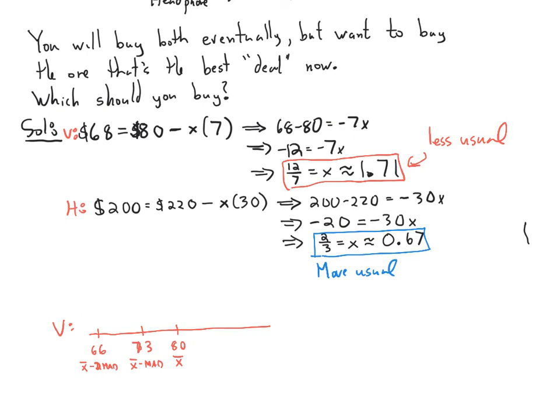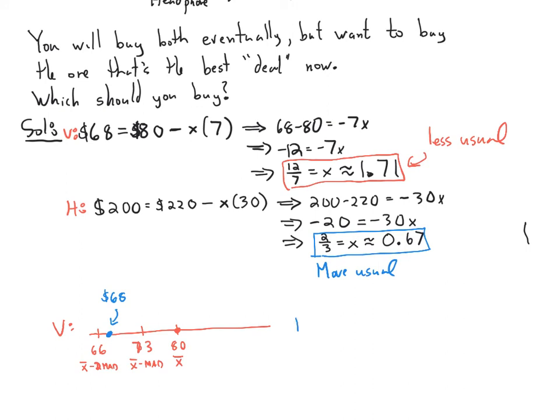And I was saying x, but I meant x bar there. Sorry. And you could do it in the other direction, but I'm only interested in below the mean for right now, so that's fine. And then our point, $68, is going to be somewhere around here. So you can see it's quite far away in terms of mean absolute deviations from 80.